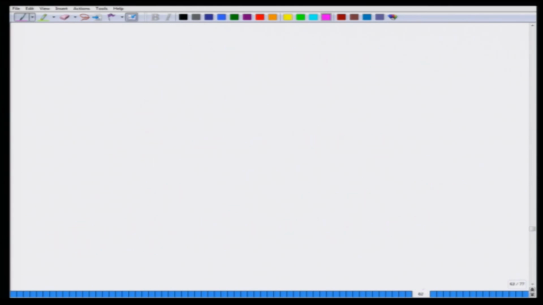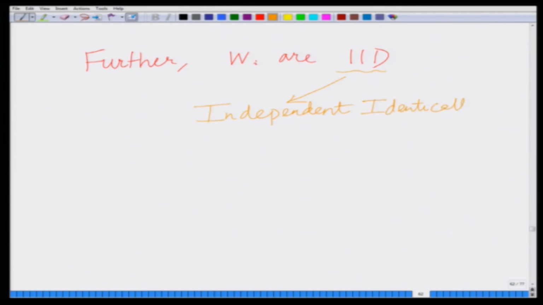Further, a standard assumption is that the different noise elements, that is Wi, are IID, that is, independent and identically distributed.